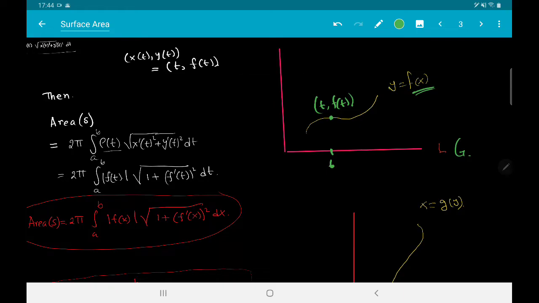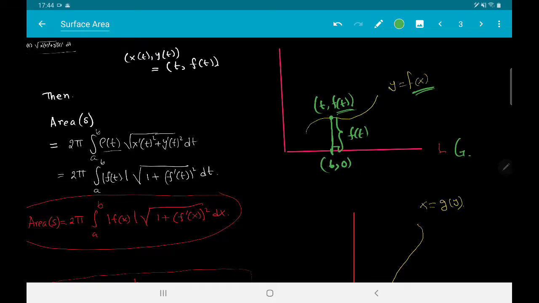Just one more thing is that we have to compute this rho t, but computing rho of this point is very easy. What is the coordinate of this point below? This is t, 0, and this line is perpendicular to our x-axis, and we can see that rho t is nothing but the y coordinate of this point, which is given by f of t.